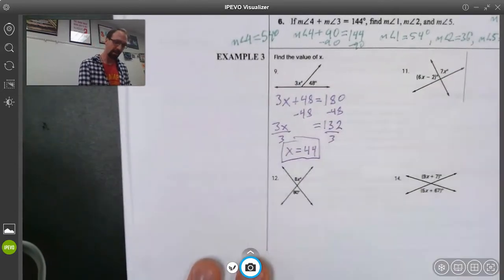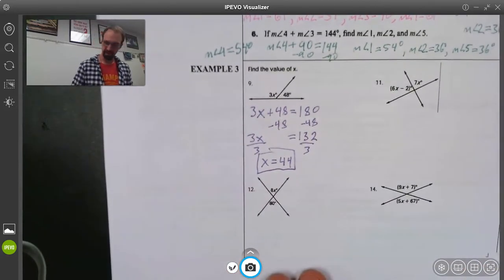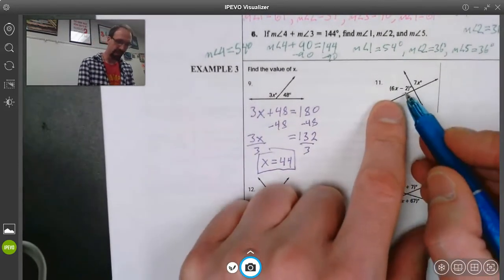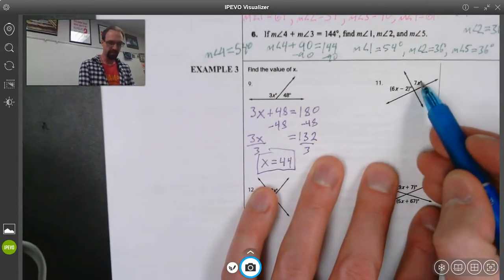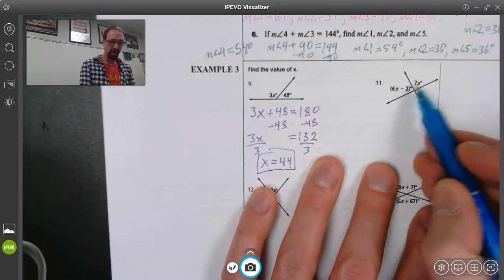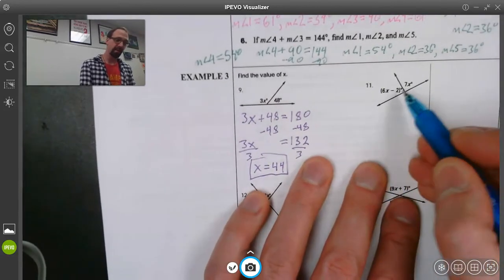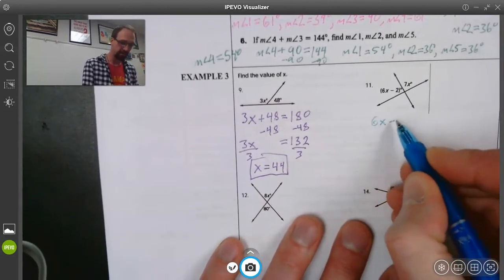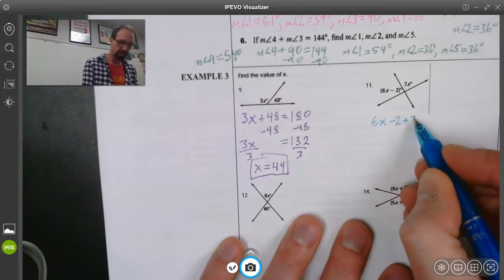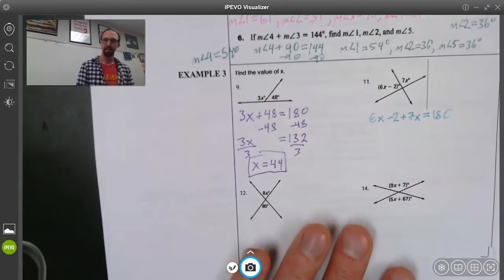For number 11, one of the things to note is that 6x minus 2 is in parentheses, and then this 7x. These are two angles that are adjacent to one another. Because they are adjacent, I know that these sum up to be 180 degrees. So 6x minus 2 plus 7x is going to be equal to 180.